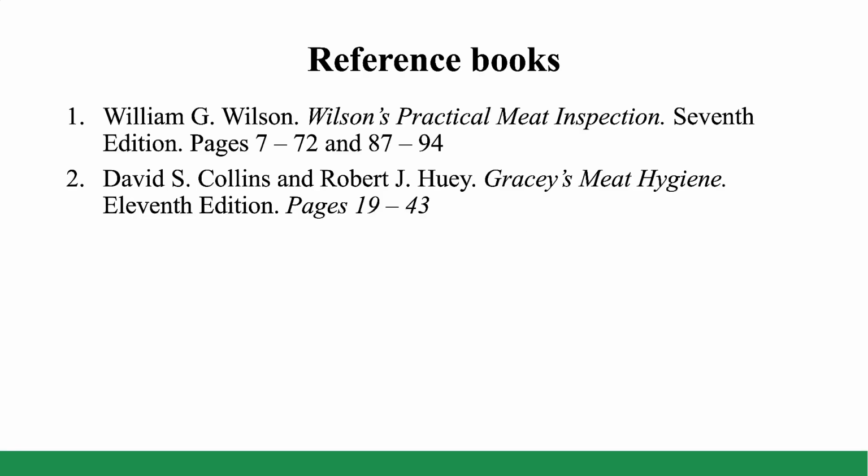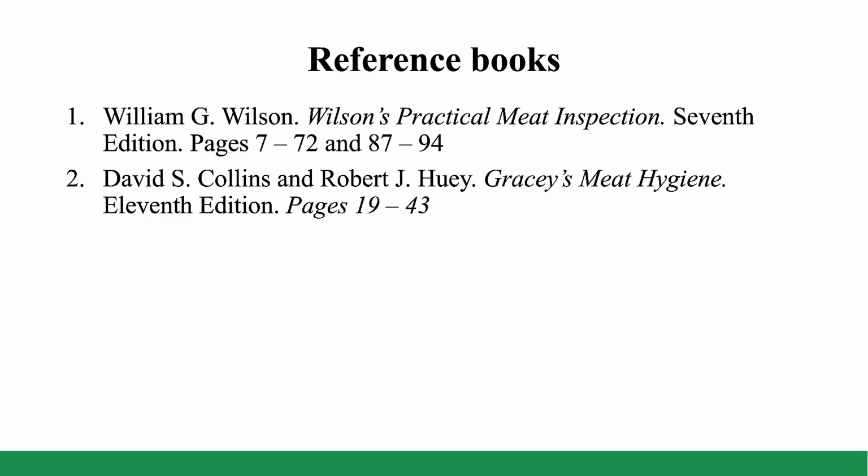Throughout the sessions, I might be using books, which I also encourage you to go through. The first book will be the book by William Wilson, which is titled Williamson Practical Meat Inspection. And in this book, you should go through pages 7 to 72 and also pages 87 to 94. This is where most of my sessions dwell.